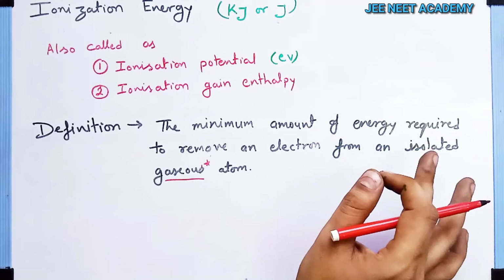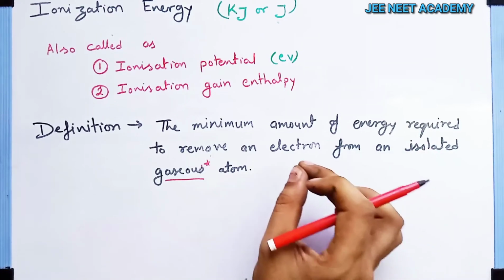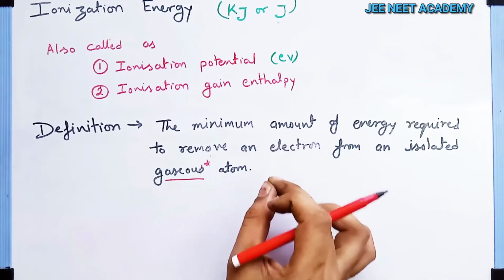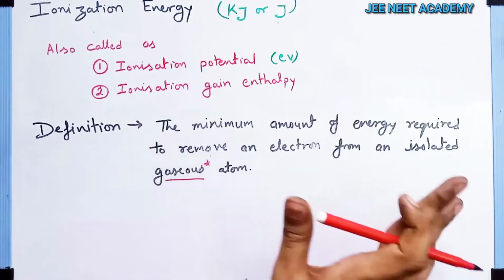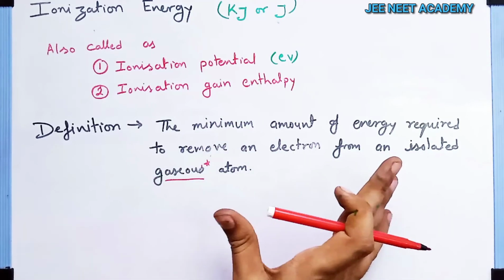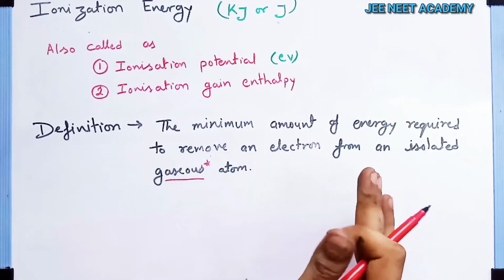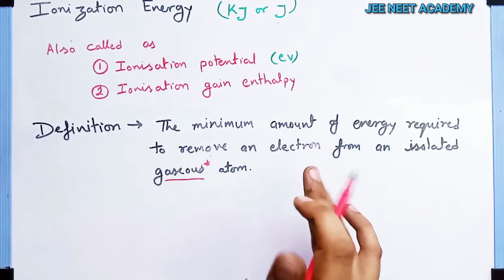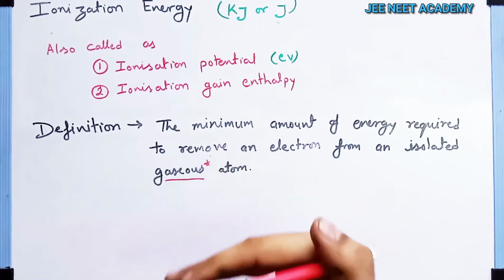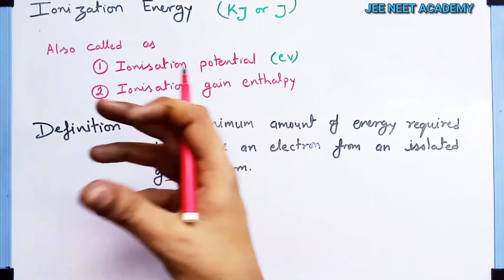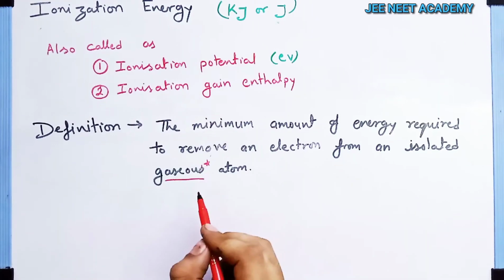For that, the element will require some energy, but we do not count that energy as ionization energy. After the element is in the gaseous state, the extra energy we apply to take out the electron is called the ionization energy.